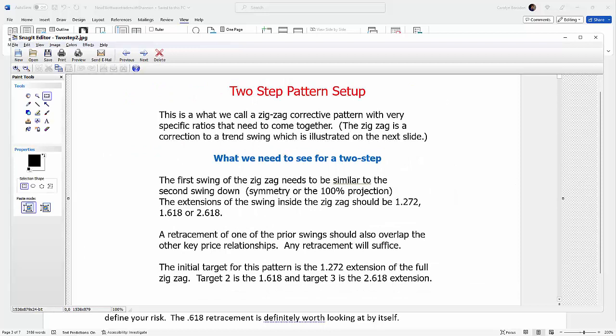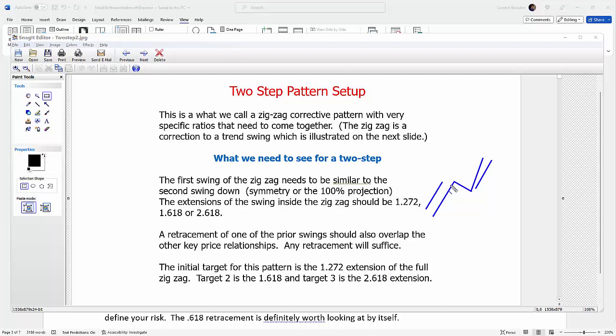Yep, I can give you this. And then I can give you this. You can download that. So, a zigzag corrective pattern with very specific ratios that need to come together. And the first swing of the zigzag needs to be similar to the second swing down. That's what I showed you, right? These two are going to be similar.